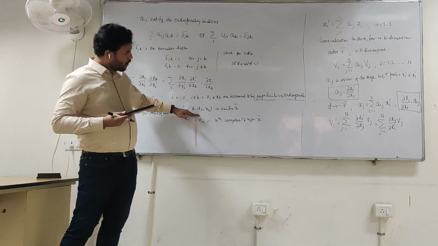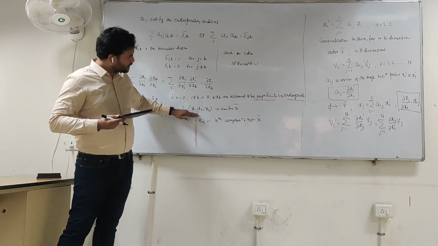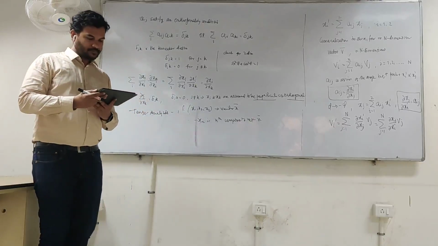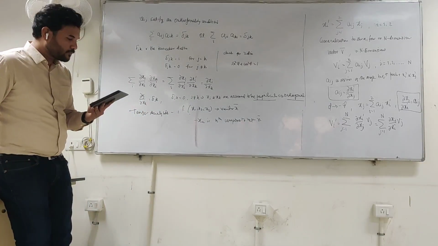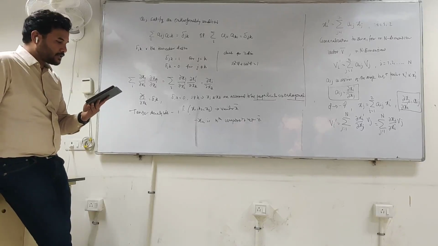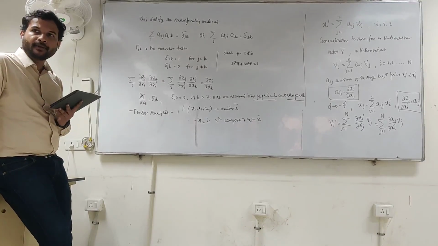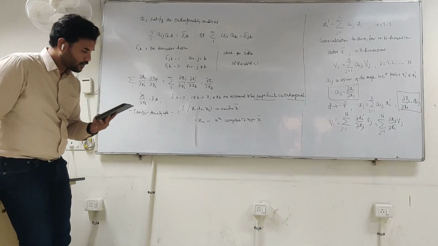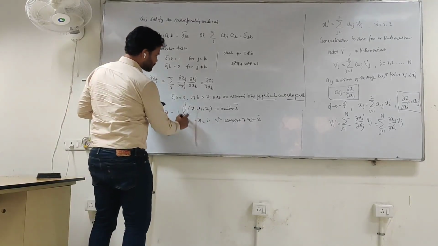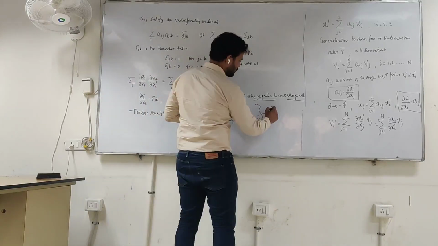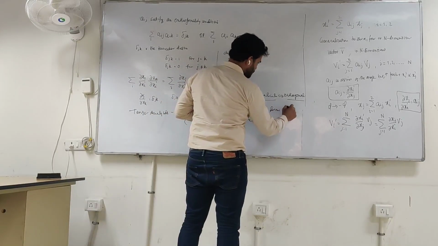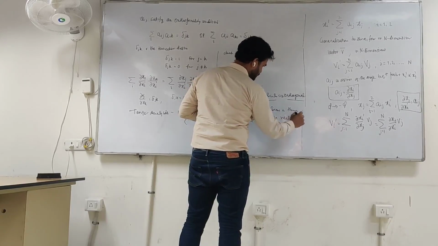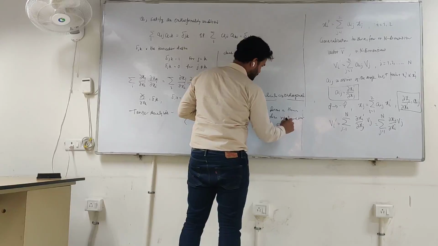The collection of such vectors forms a three-dimensional real vector space.